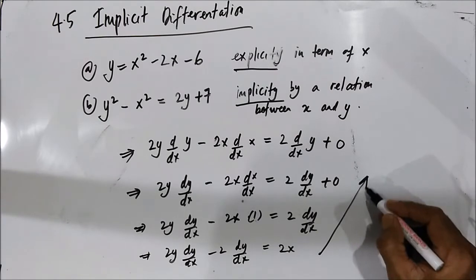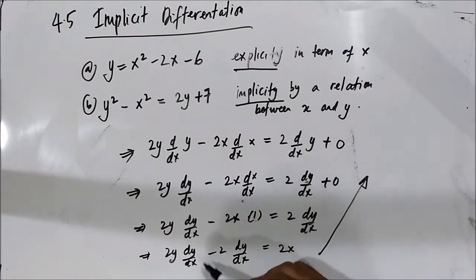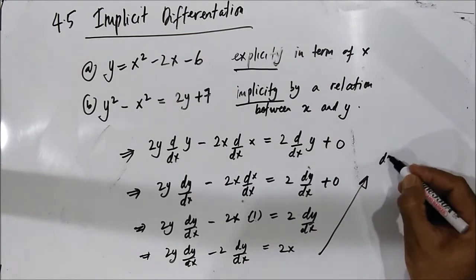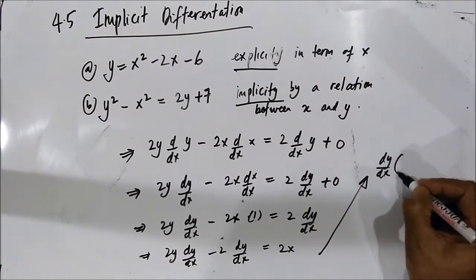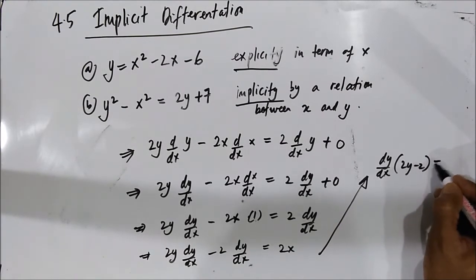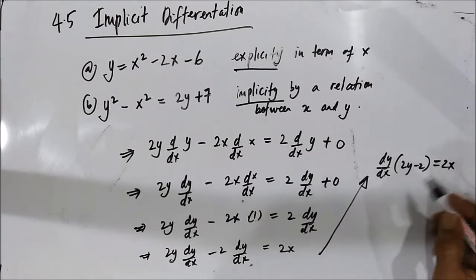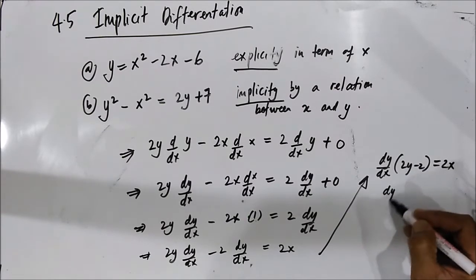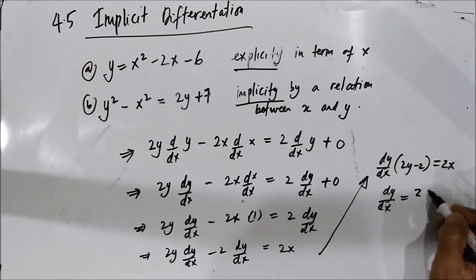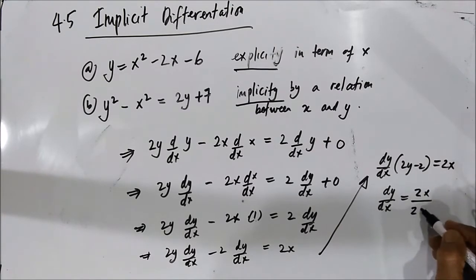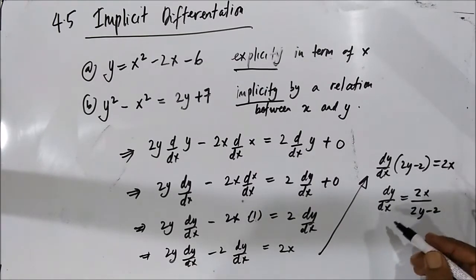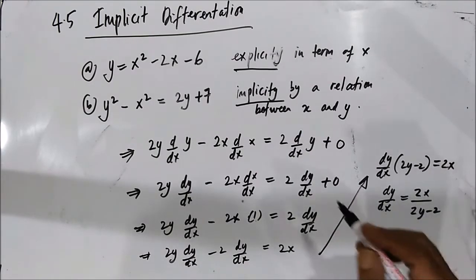So the common factor here is dy/dx. I have dy/dx times (2y minus 2) is equal to 2x. In other words, dy/dx is equal to 2x over 2y minus 2. The dy/dx we defined just now is y prime.